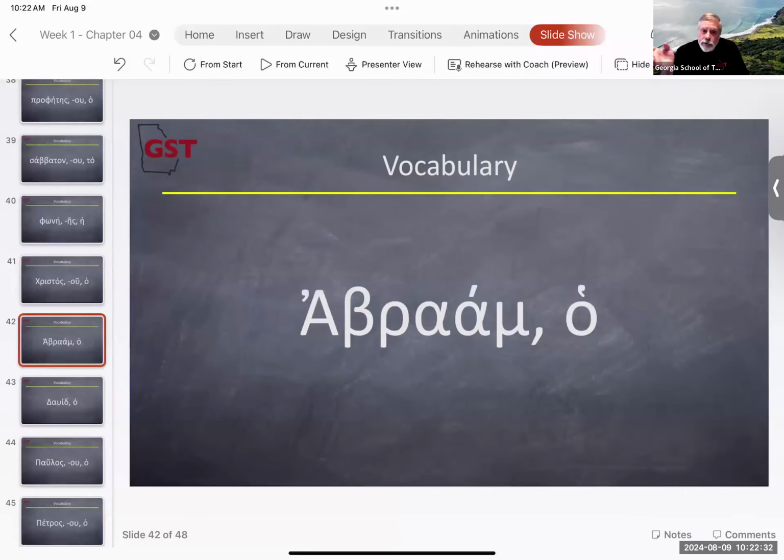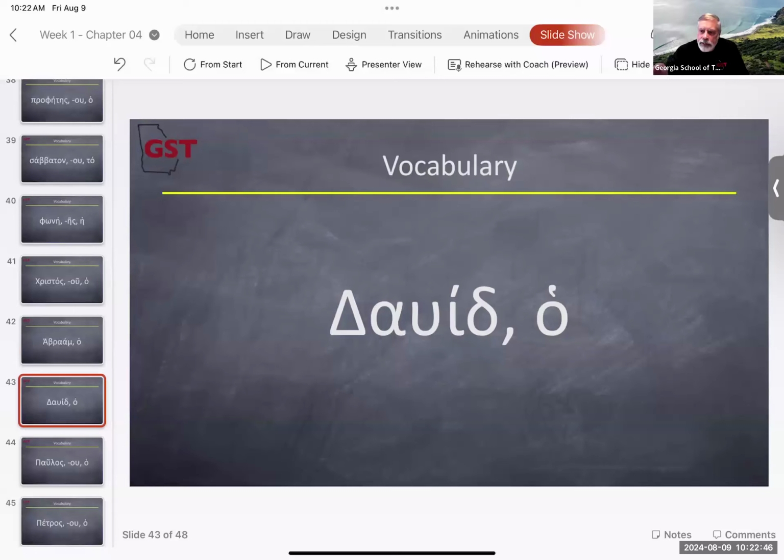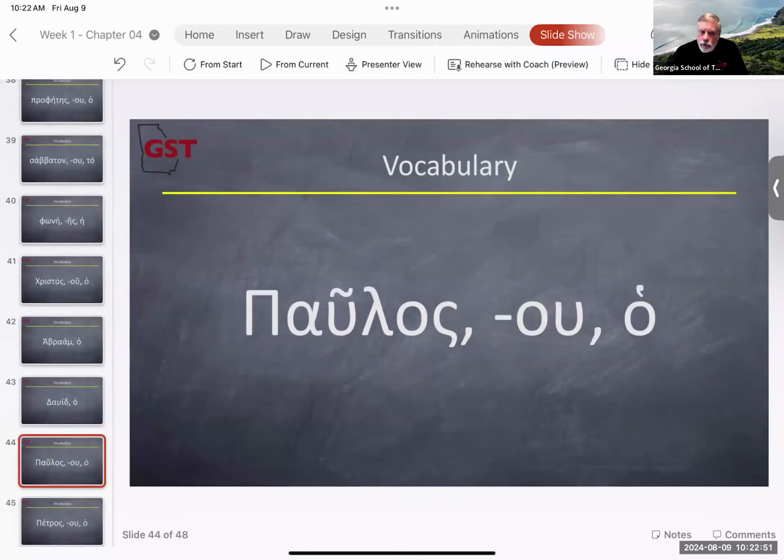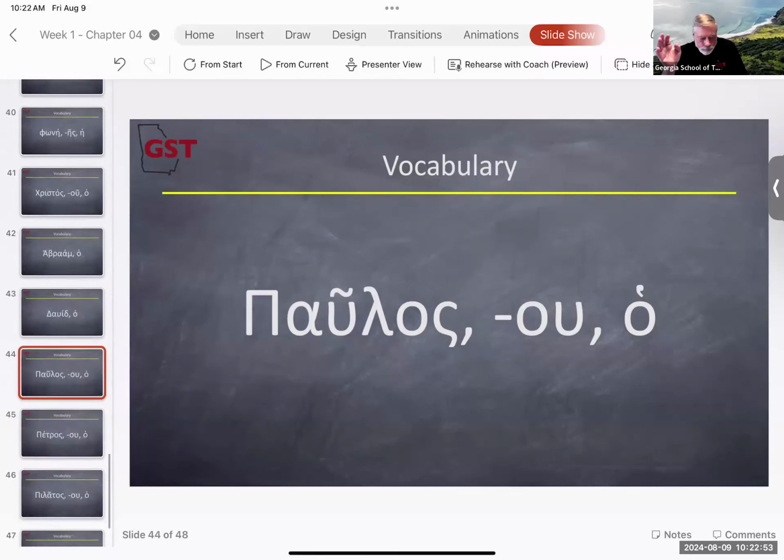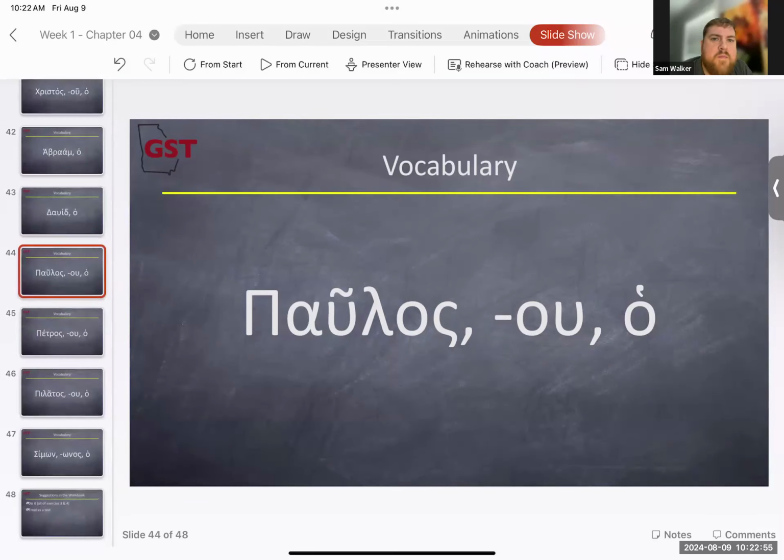All right, here's some names. Abraham. Notice the two alphas will split. Who would be Abraham? Very good. Who would be David? David. Okay, and who would it be? Paulos.